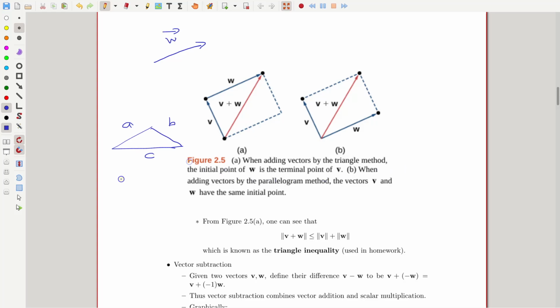So the way you could write this is that a plus b must be greater than c, a plus c must be greater than b, and b plus c must be greater than a, right? There are three inequalities that you can generate from a triangle. Every triangle satisfies this.